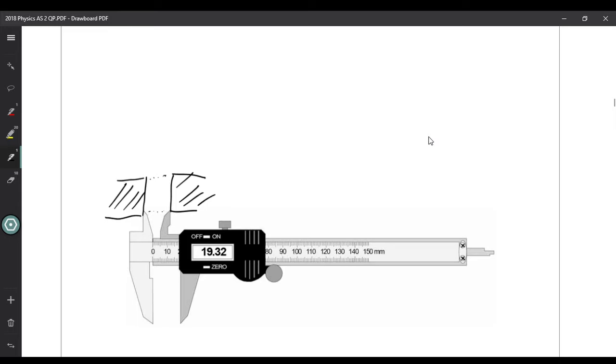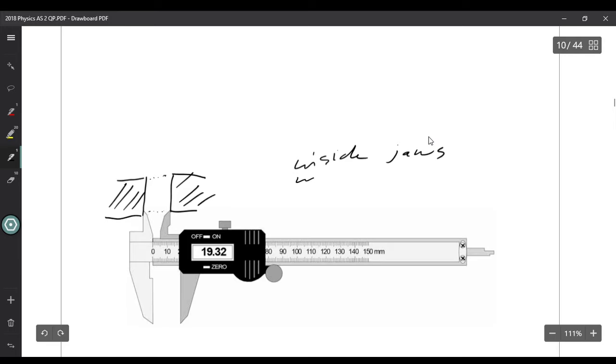So the inside jaws in contact with the internal diameter.